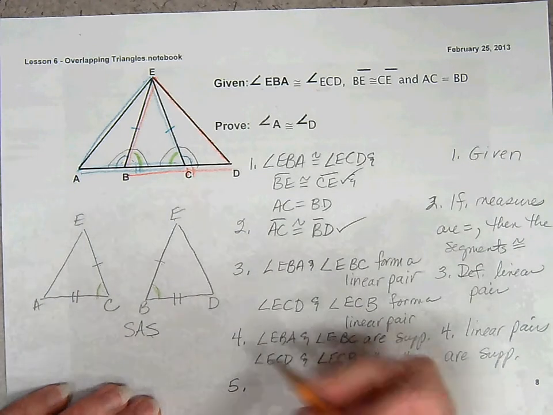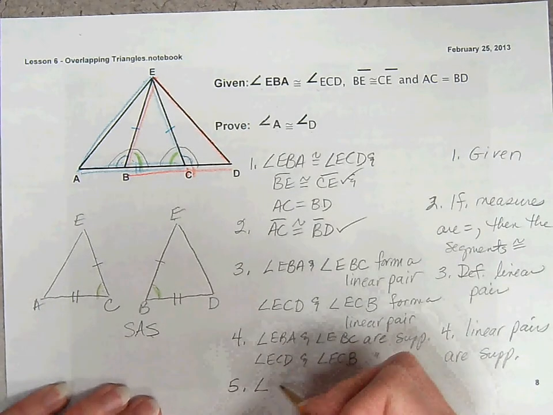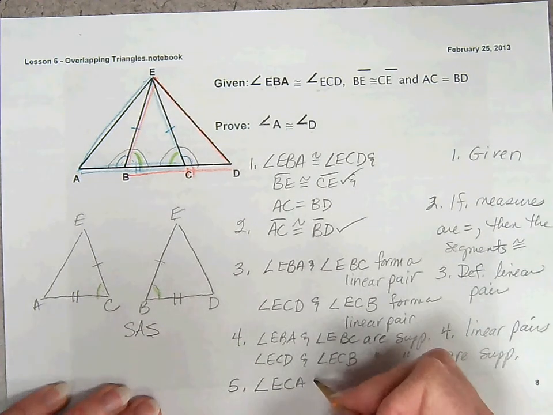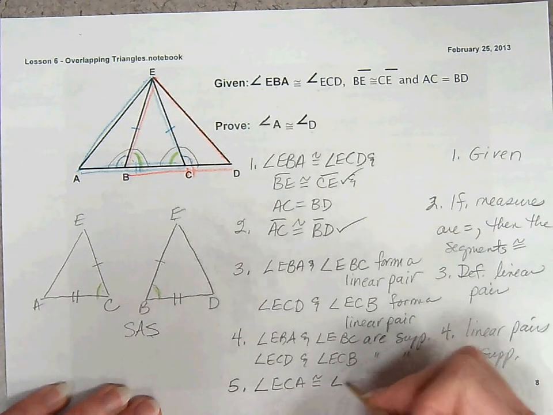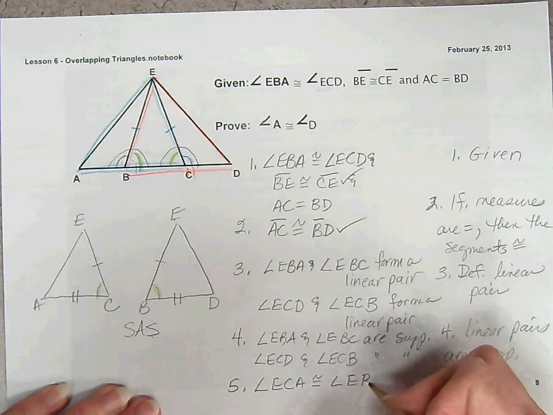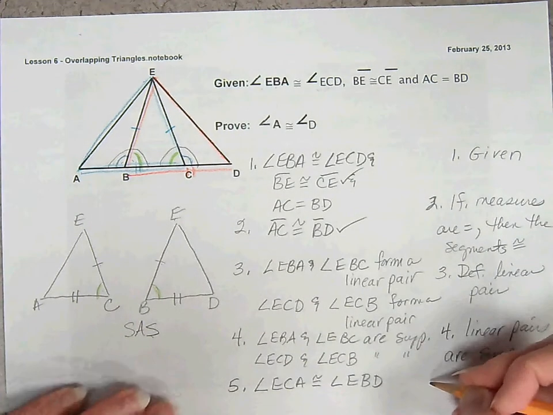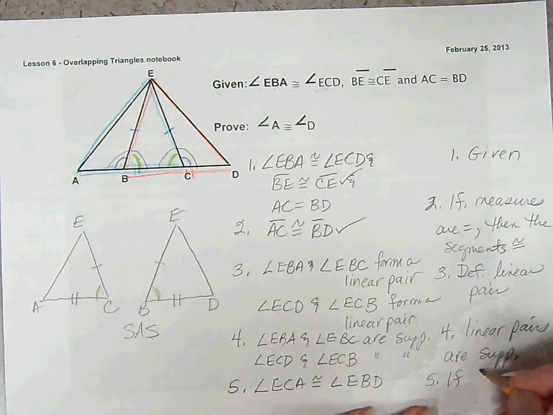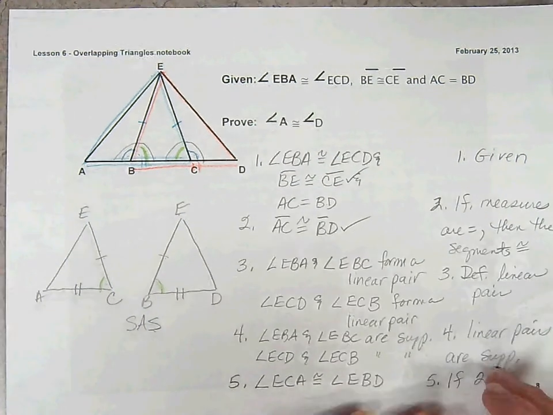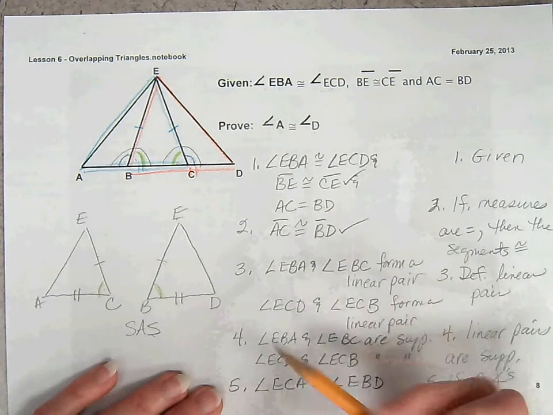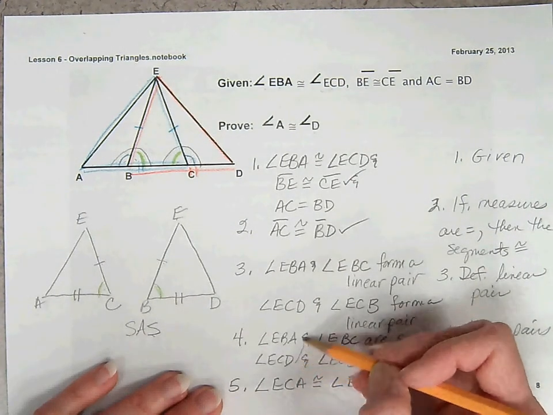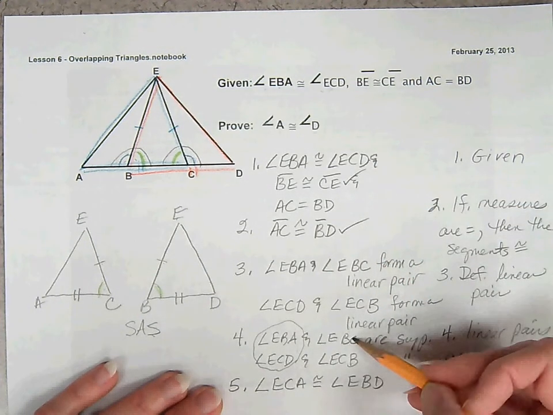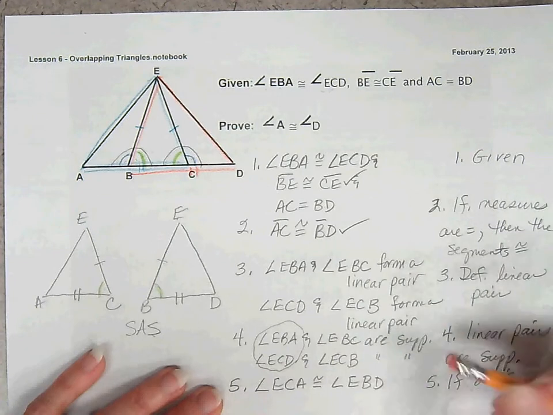Now we can state that angle ECA is congruent to angle EBD because if two angles are congruent, and we were given that these two are congruent, right? Right there. We were given that in the given. These two are congruent. Then their supplements are congruent.